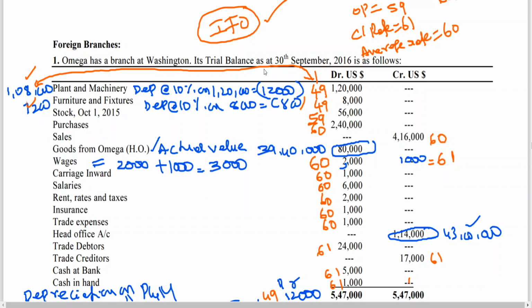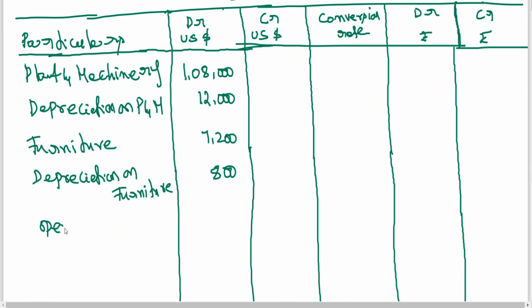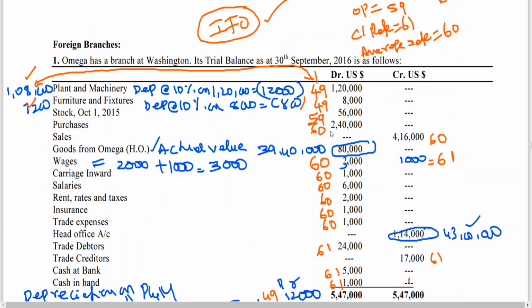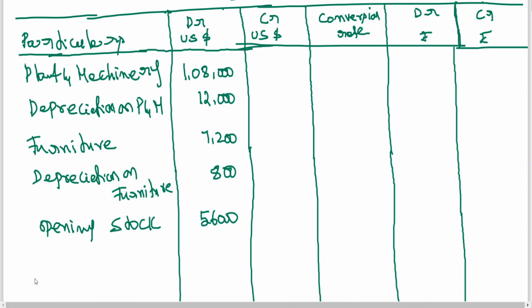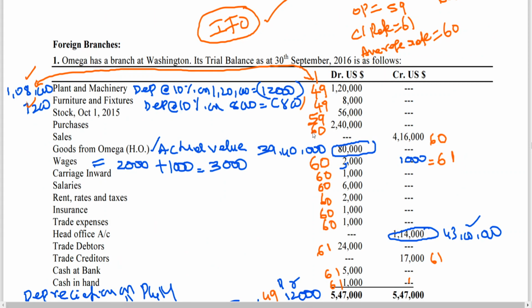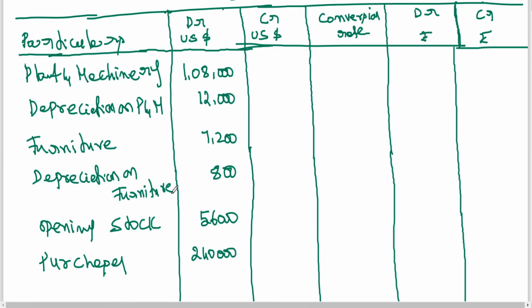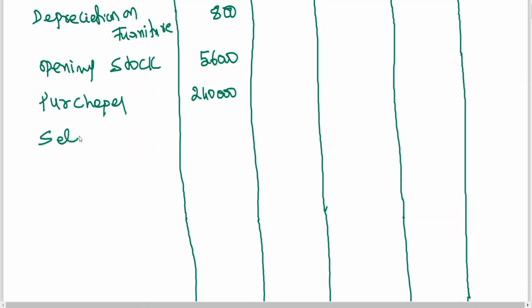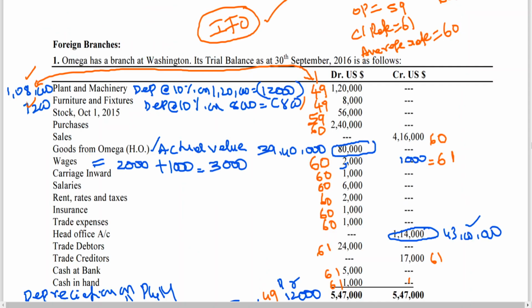Then next one, stock, 56,000 opening stock. Then next, purchases 2,40,000. Sales 4,16,000. Then we got goods from Omega.